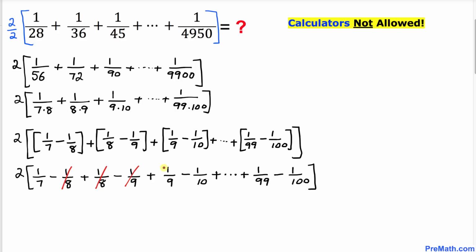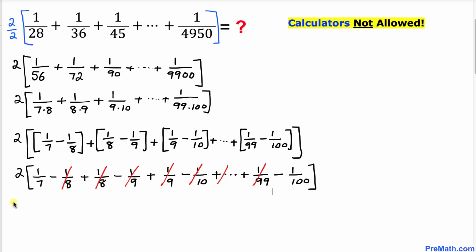Negative 1 over 9 plus 1 over 9 is gone. This negative 1 over 10 and the next term, a positive 1 over 10, are gone. And likewise, negative 1 over 99 and plus 1 over 99 cancel each other out. So everything cancels out in between except the first term and the last term.